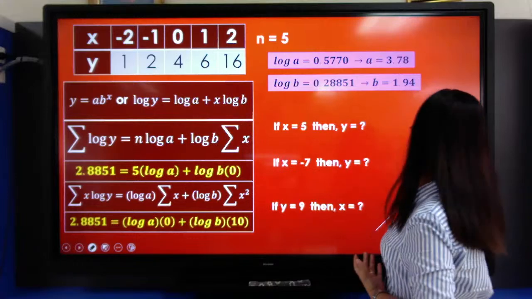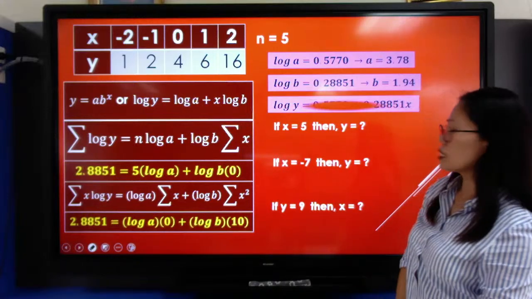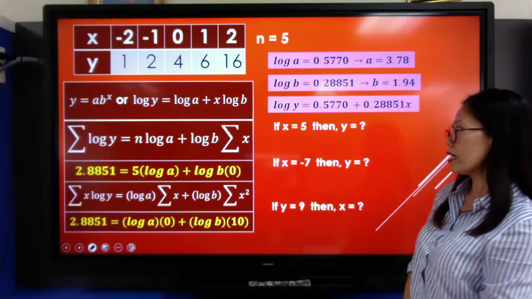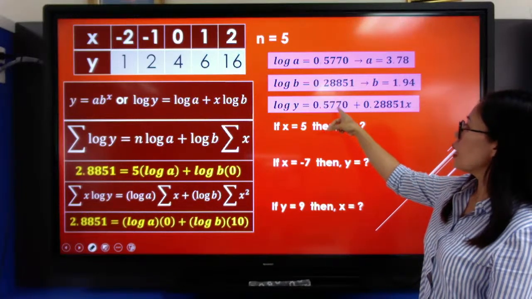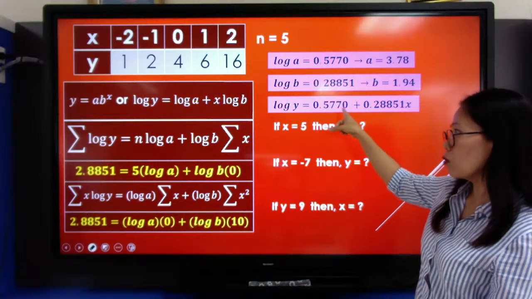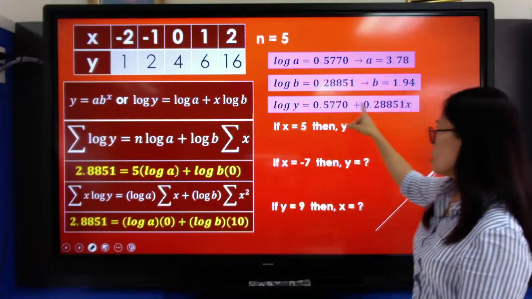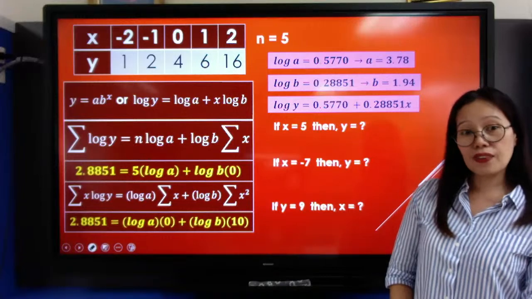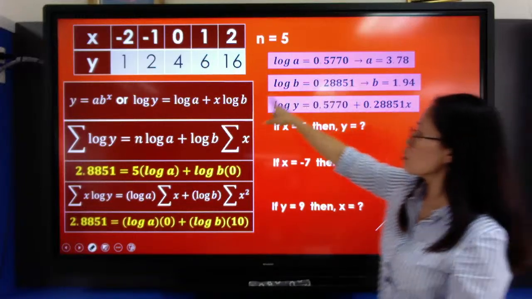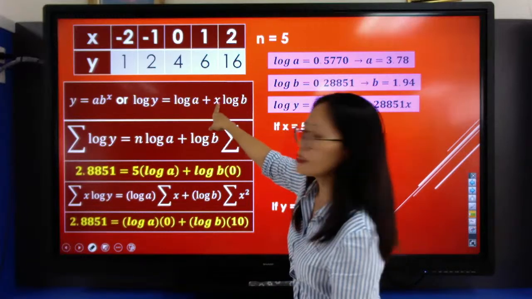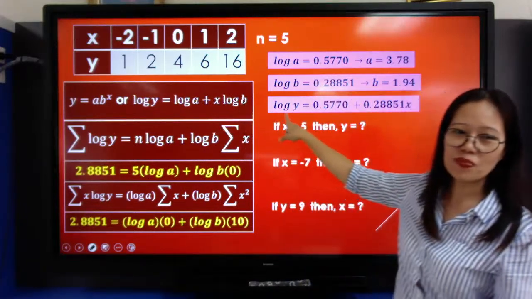If we write it in logarithmic form, we get logarithm of y is equal to 0.5770, this is the value of A, plus 0.2855 X, because we have here X times log B, right?